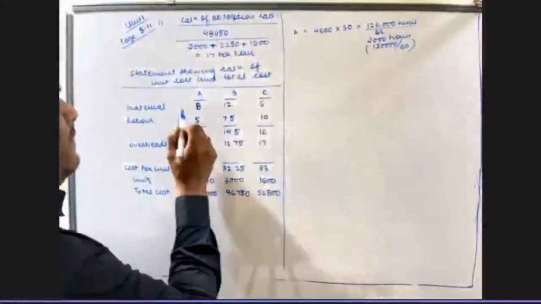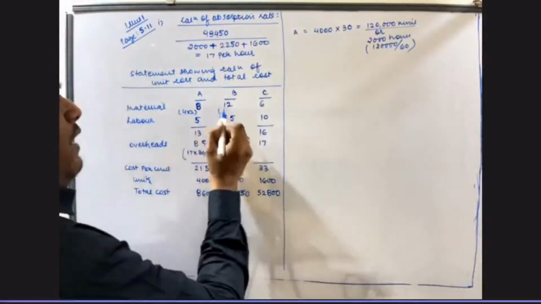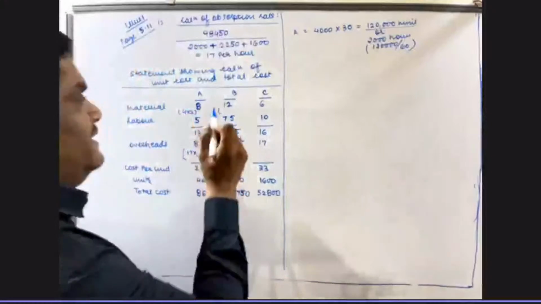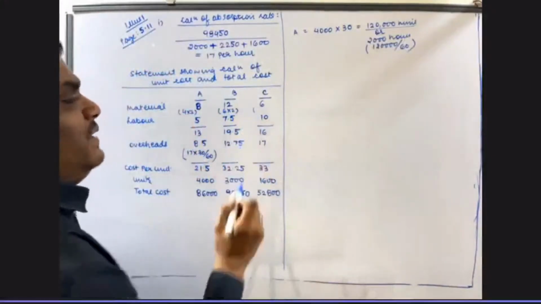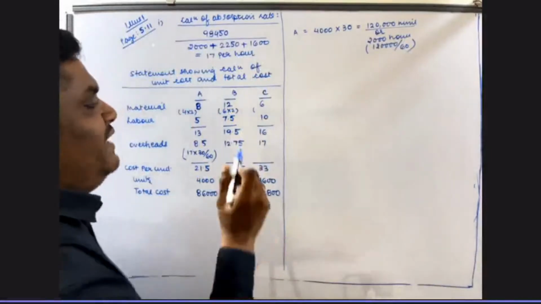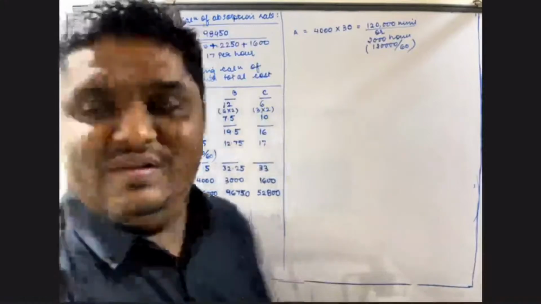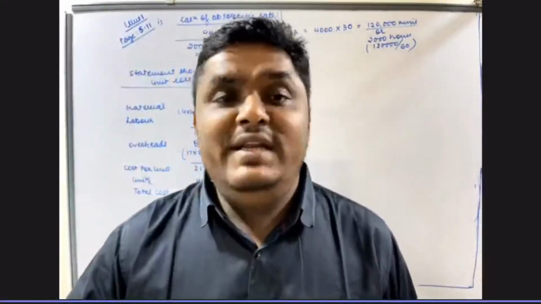So this will be 4 into 2, that is 8. Again, when talking about B, to manufacture B, we need 6 kgs. So 6 into 2. To manufacture product C, we need 3 kgs. So 3 into 2. Further, when talking about the labor hours, it is given in minutes.